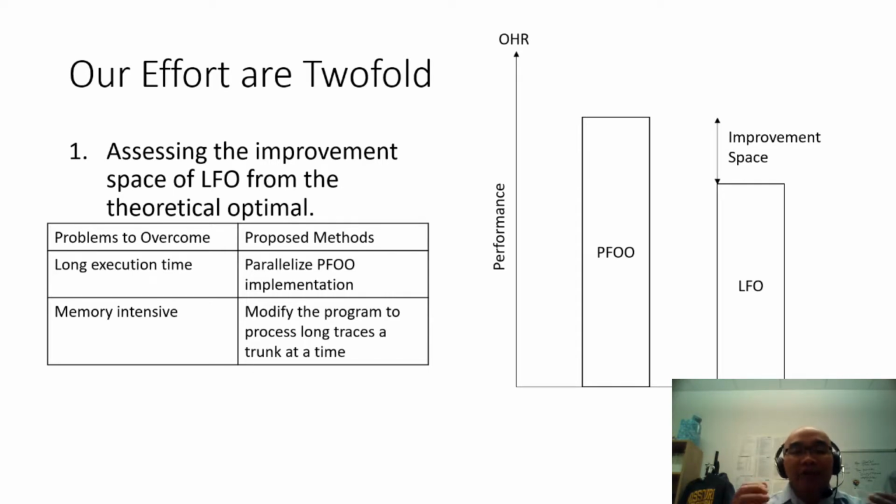So currently, PFOO loads the entire trace into memory before processing, and it takes up a lot of memory space. What we propose to do is to change the implementation of PFOO so that it takes the request trace chunk by chunk and operates on one chunk at a time in memory to conserve memory.